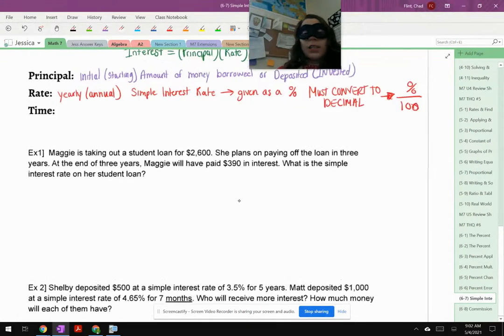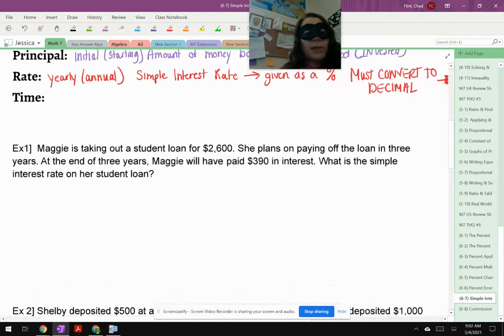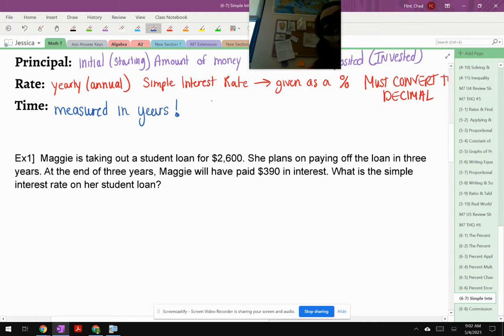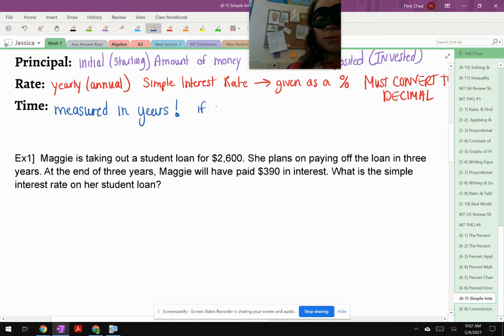And last but not least, the time piece. The time is going to be, in these situations, measured in years. However, I'm going to trip you up a little bit, and I am going to give you months. So if you are given months, you must do some converting.